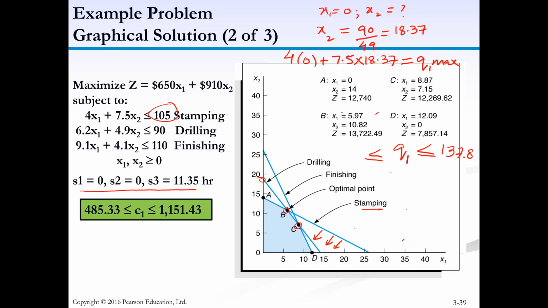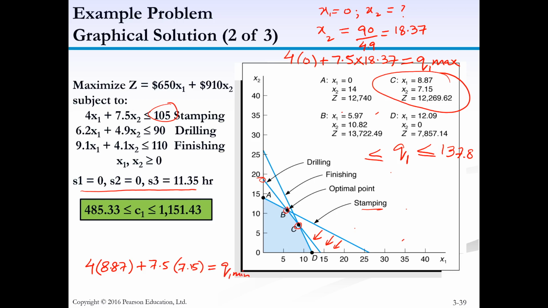All right, then this point C, we already know the x1 and x2 values. So just plug this x1 and x2 in the stamping constraint, and we will get the value. So we have 4 into x1, which is now 8.87, plus 7.5 times x2 value, 7.15, and this will give us Q1 minimum.